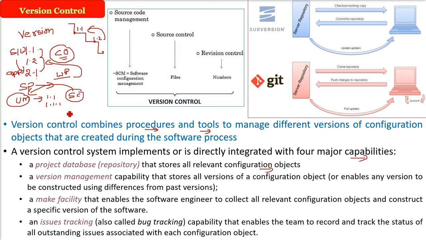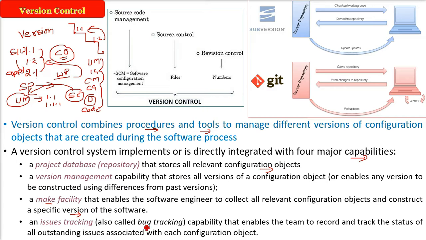The make facility should enable the software engineer or a team to collect all the relevant, interrelated configuration objects and create the specific version, like the code or the document which has to be given to the user as the deliverable. So we need the latest version, and the make facility is responsible for doing exactly that.